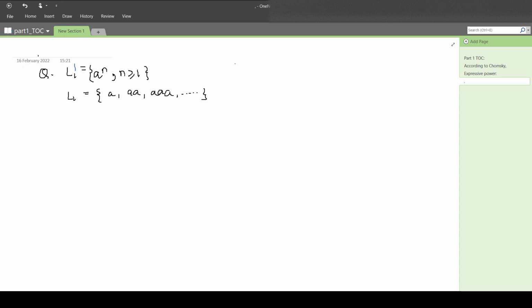If we form the structure, it will look like this. It is state 1, we pass a, and it goes to the final state 2, with a self loop for the number of a's we pass. So we have two states.